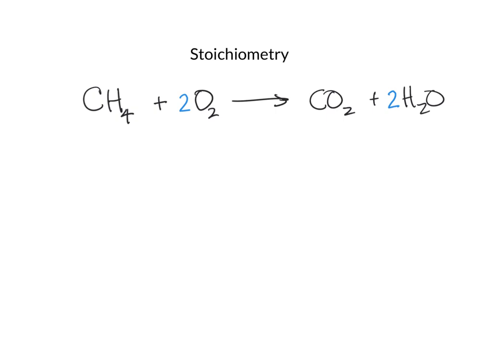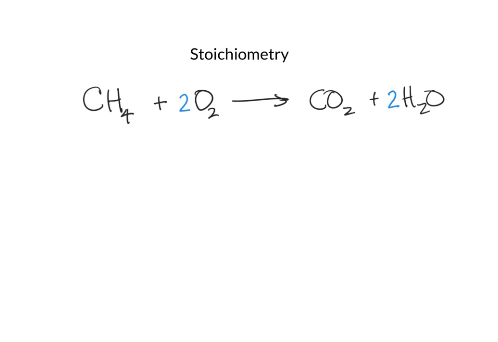But the way we typically interpret that is moles, because individual molecules we can't see, so we count in large chunks called moles. And so I have 1 mole of CH4, 2 moles of oxygen, 1 mole of carbon dioxide, and 2 moles of water.